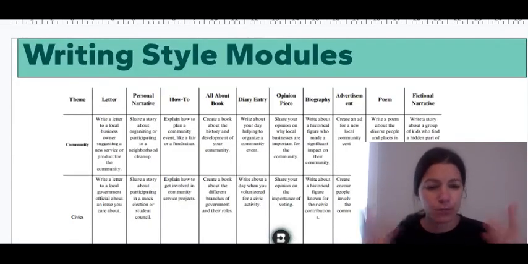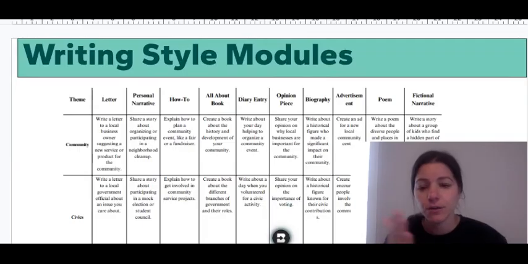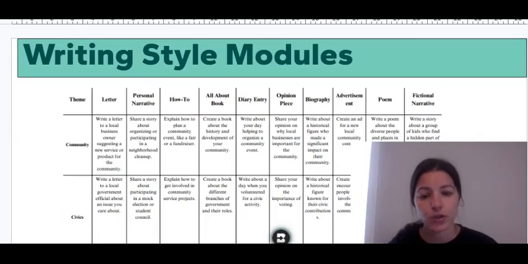So here's an example of writing style modules using genre specific compositions. If your focus is on community, you can have your students write a letter to a local business owner suggesting a new service or product for the community. Maybe they're going to explain how to plan a community event, like a fair or fundraiser. Maybe they're creating a book about the history and development of your community.